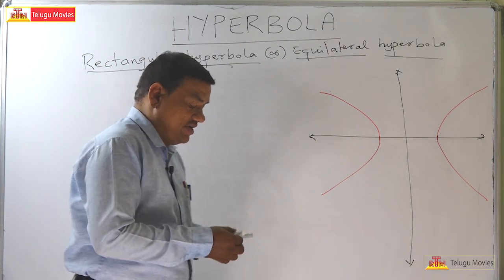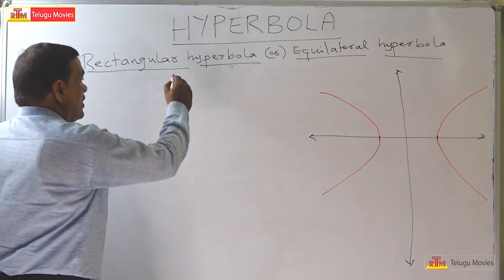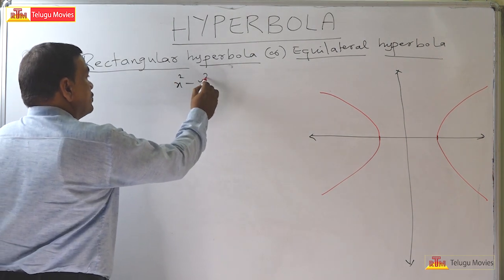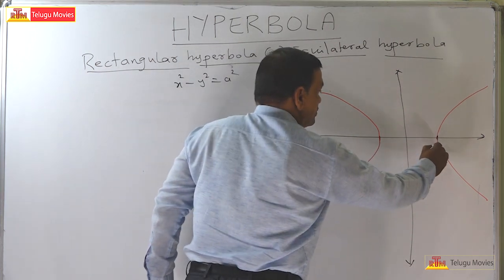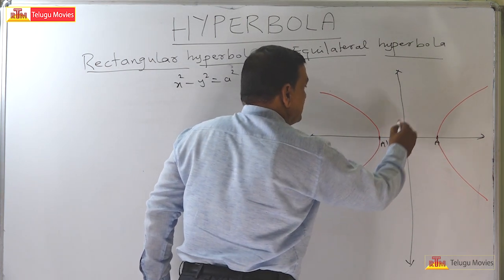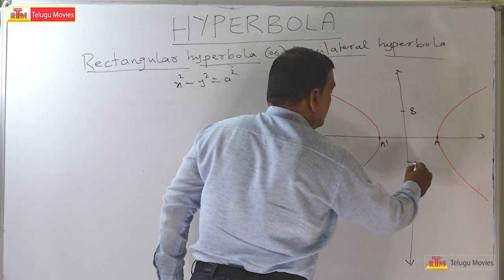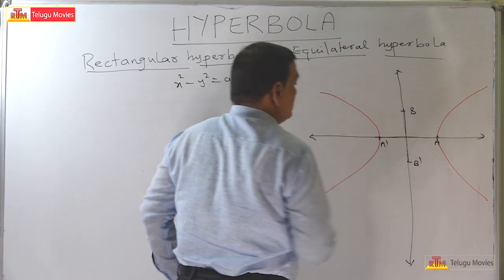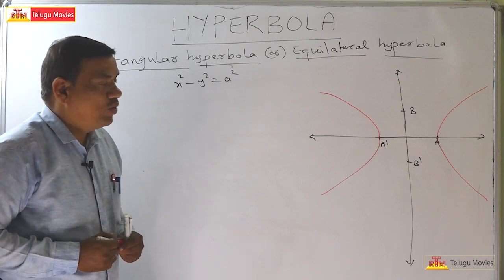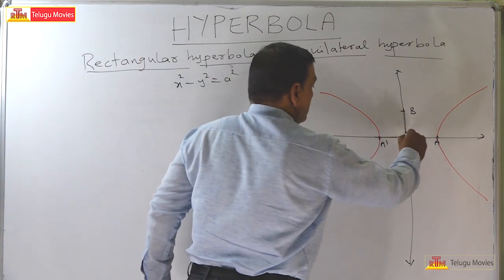So, the equation of the rectangular hyperbola is x square minus y square is equal to a square. So here this is a and a dash, and this is b and b dash. These are called the transverse axis and the conjugate axis. Both are perpendicular to each other, right? Clear.